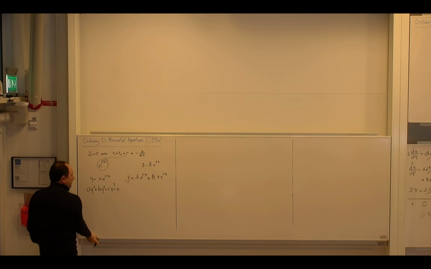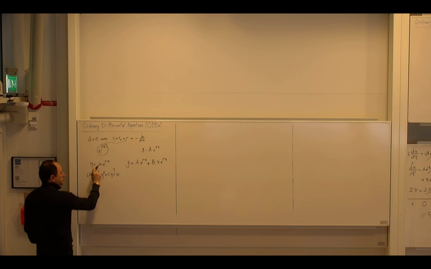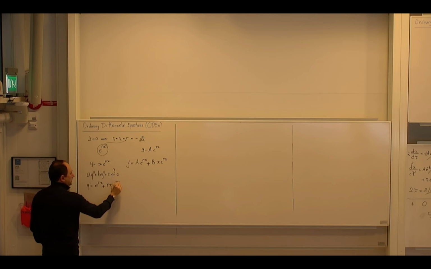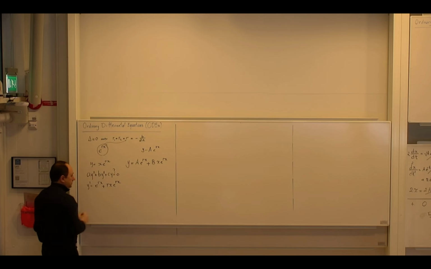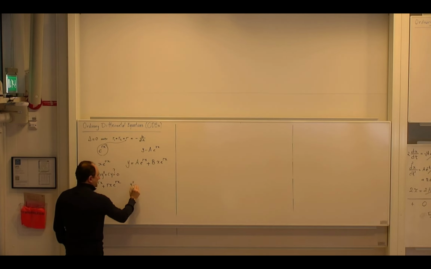If I want to do that, I have to put them here. So y prime, by the product rule, becomes e to power rx plus this one multiplied by the derivative of that one, which will be rx e to power rx. And I need another derivative, so y double prime becomes the derivative of this one, which is r e to power rx.